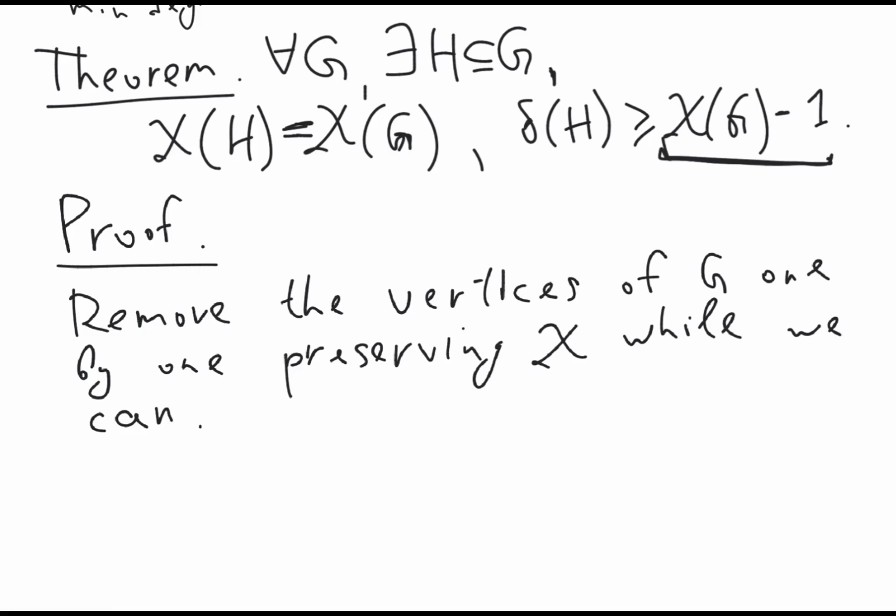If there is a vertex in G such that removing it keeps the chromatic number, so it doesn't decrease the chromatic number, then we remove this vertex. If in the remaining subgraph there is still a vertex removing which the chromatic number would be the same, we remove this vertex. So we continue this until we can.